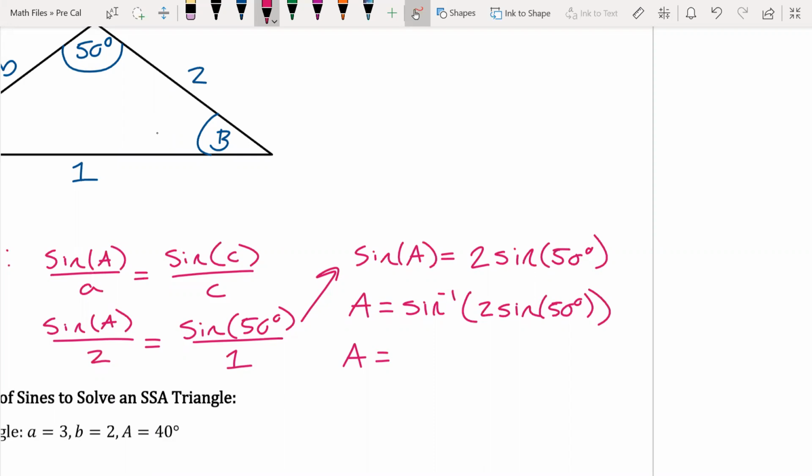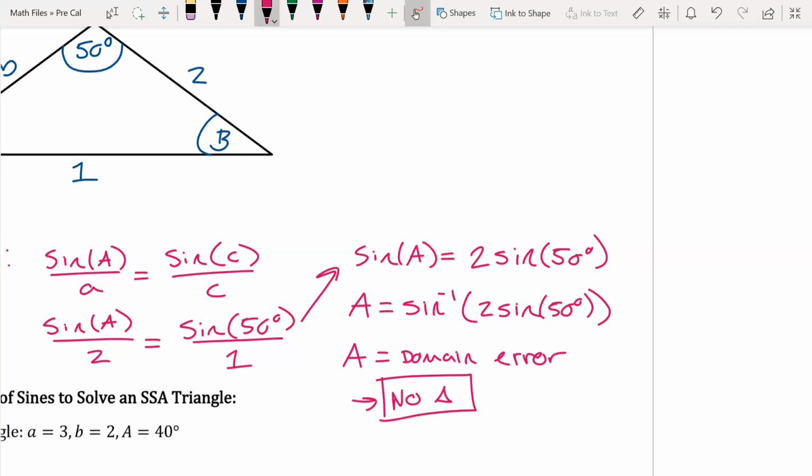Domain error. There you go. We get a domain error, which means how many triangles do we have? None. Good. So this means that if you get a domain error, there is no triangle.